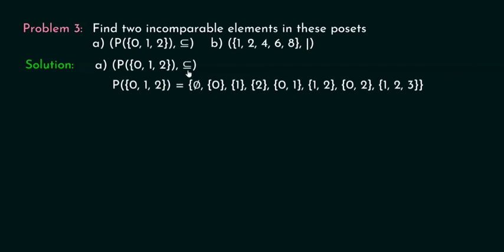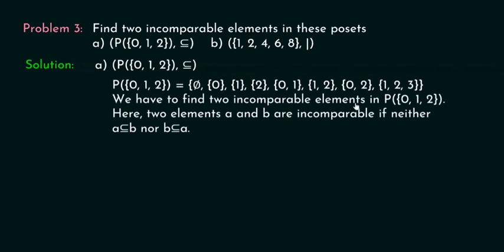This relation, subset relation, is defined on this power set of set {0, 1, 2}. We know that this is a partially ordered set and we have to find two incomparable elements in this poset. Here two elements A and B are incomparable if neither A is a subset of B nor B is a subset of A. This must be well noted, right?